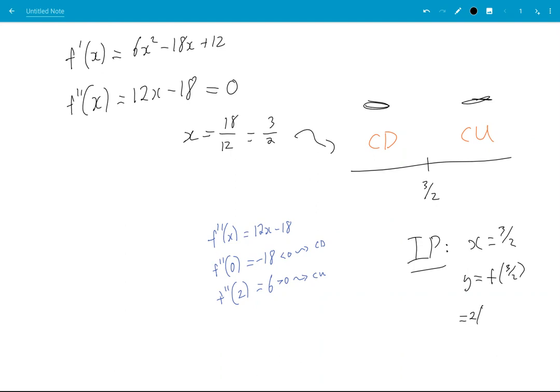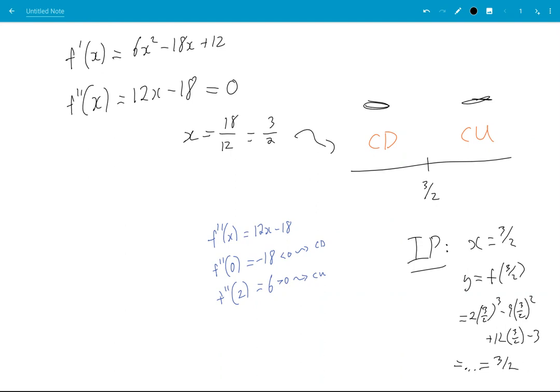I'd be plugging this 3/2 into my function: 2 times 3/2 cubed, minus 9 times 3/2 squared, plus 12 times 3/2, minus 3, equals, you work this out in your calculator.